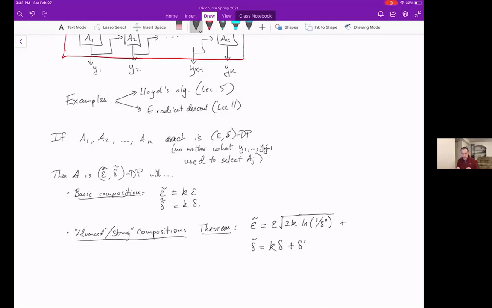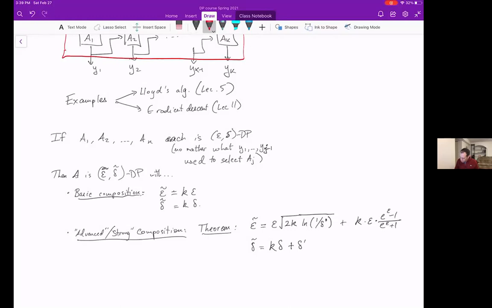So we get to choose delta prime to get the exact delta tilde we want. Depending on what delta prime we put in, we get a log of 1 over delta prime term in the expression for epsilon tilde. And then we get a second term in epsilon tilde, which is k times epsilon times e to the epsilon minus 1 over e to the epsilon plus 1.